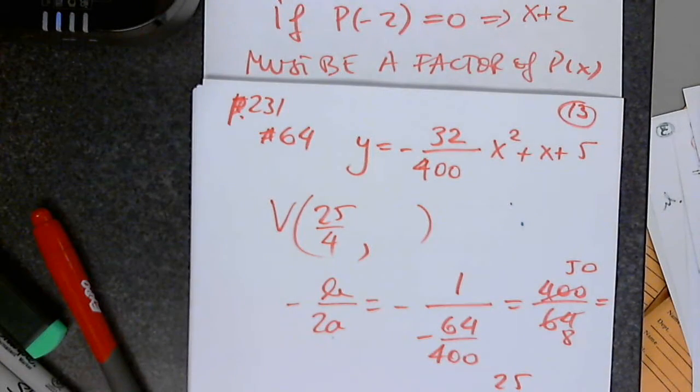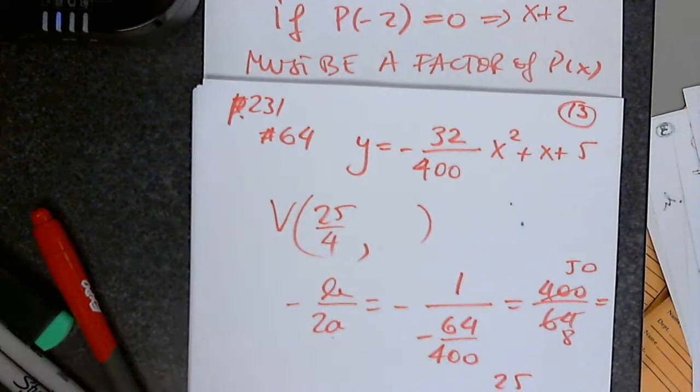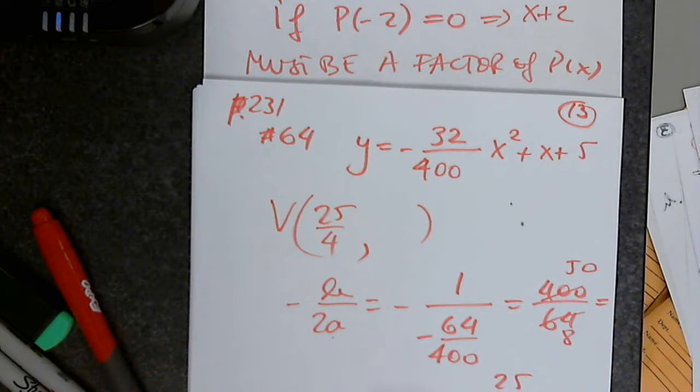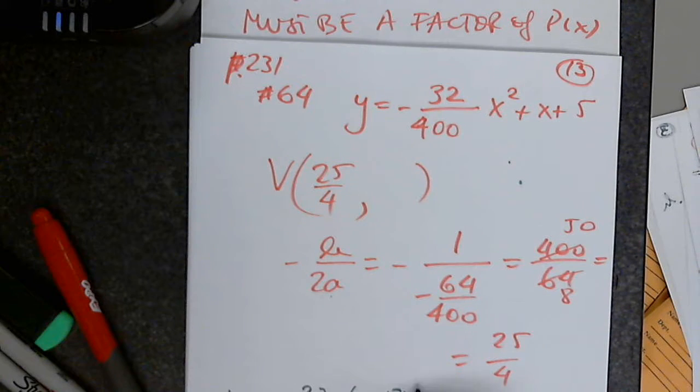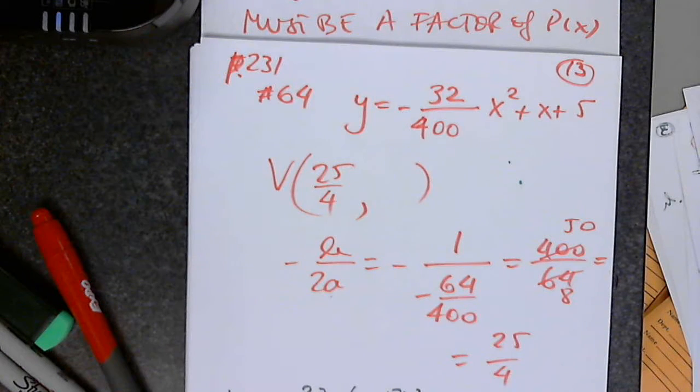But this is the horizontal distance that will give us the maximum. I want now to determine the maximum. How do I find the maximum? If I have x, how do I find y? Of course. So then y equals negative 32 over 400 multiplied by 25 over 4 squared plus 25 over 4 and plus 5. And I will plug it in the graphing calculator to find the maximum height.